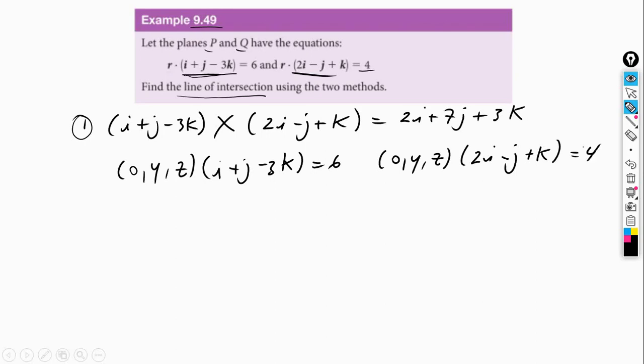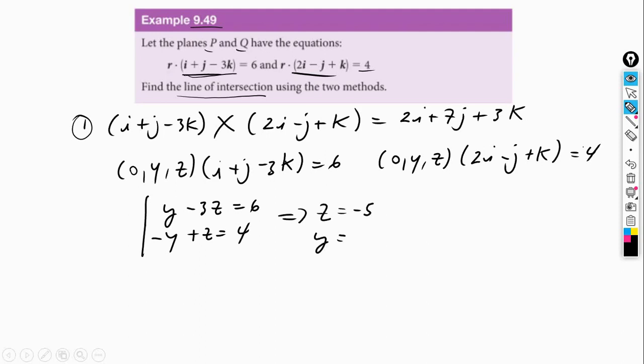So from here, we're going to get two equations: y minus 3z equals 6, and minus y plus z equals 4. So we solve this system of equations, and we're going to find that z is equal to -5 and y is equal to -9.